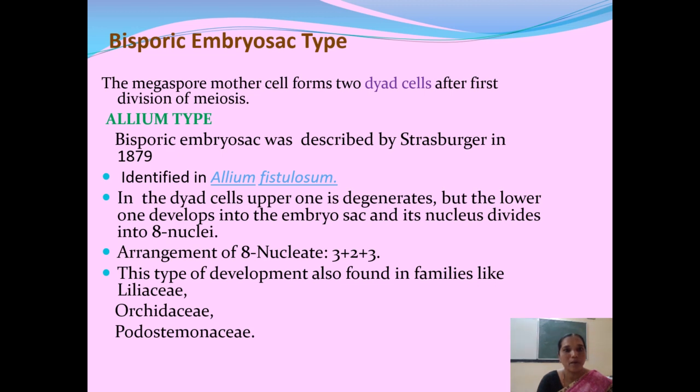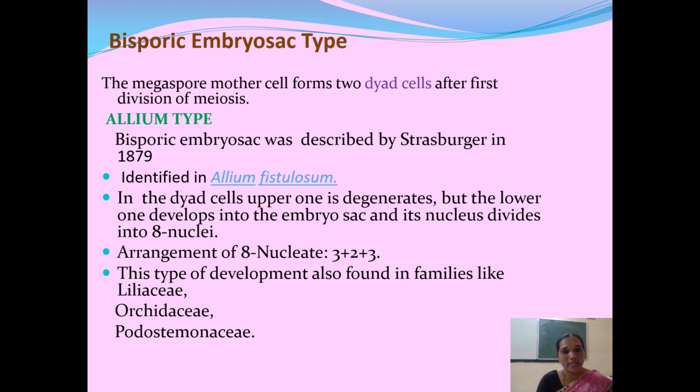This type of embryo sac development was described by Strasburger in 1879. It is identified in the plant Allium fistulosum.